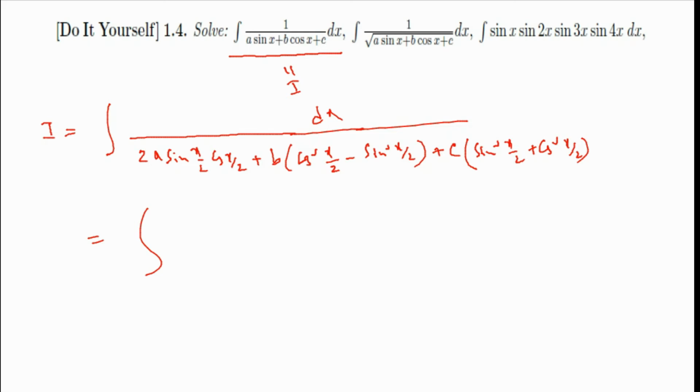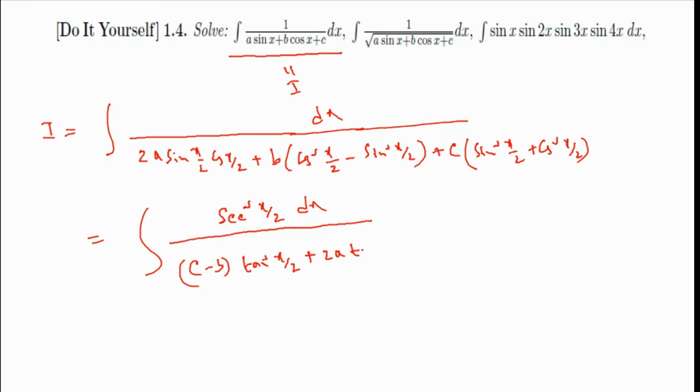And just then divide this by cos square x by 2, so we will get sec square x by 2 dx by, so just I will collect all these coefficients, so c minus b into tan square x by 2 plus 2a tan x by 2 plus b plus c.